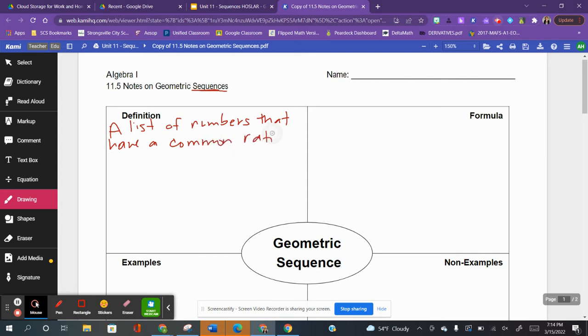Now, we said that arithmetic sequences have a common difference, but geometric sequences have a common ratio. And so when we talk about a common ratio, we are talking about a number that you multiply by to produce the numbers in the list.